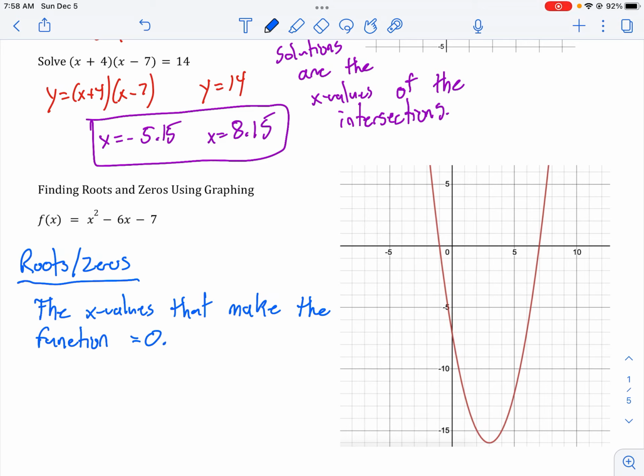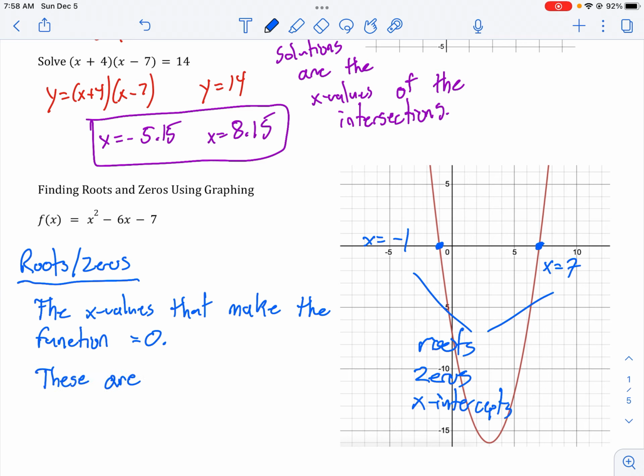Okay? And on our graph, those are the x-intercepts. So you'll see here for this function there are 2 x-intercepts at -1 and at 7. So those would be our roots. In this case, we could also call them zeros or x-intercepts. So again, I'm going to add that note in there.